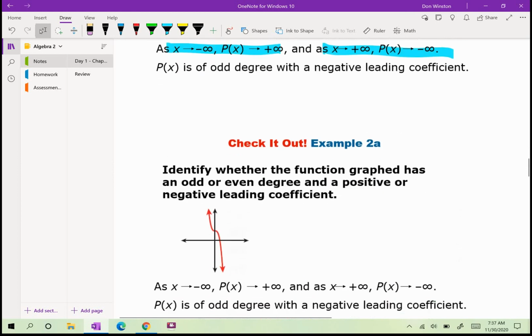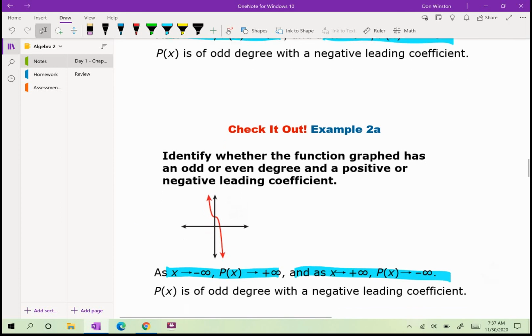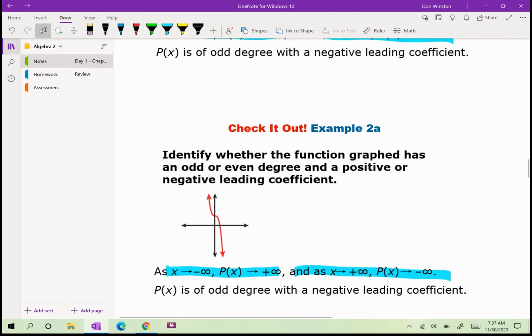This one here would be odd degree, and the leading coefficient would be negative. As x goes to negative infinity, y goes to positive infinity. As x goes to positive infinity, y goes to negative infinity. That's odd degree with a negative leading coefficient.